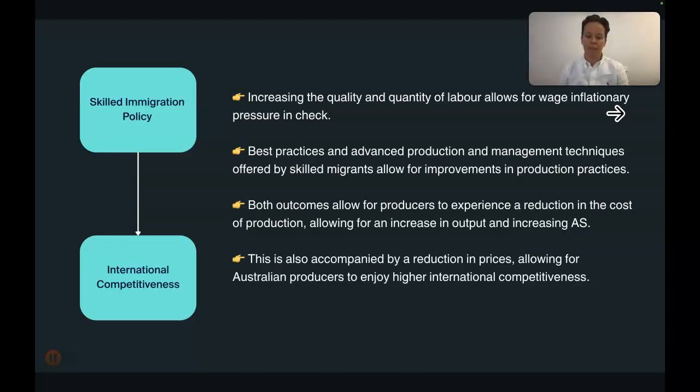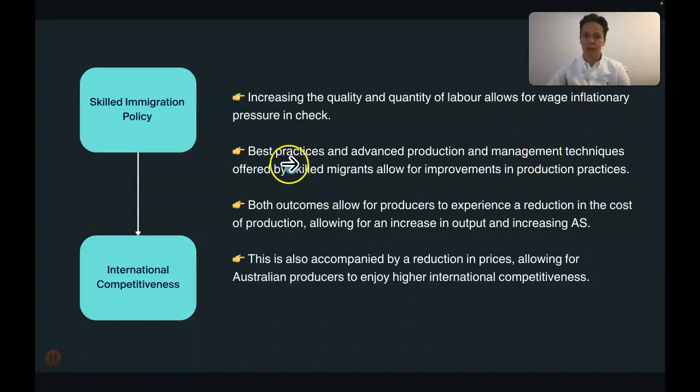So if suddenly an employer has the option to pick from more workers than just one, we're going to see a situation where wages aren't going to go out of control. Wages are a cost of production. So if wages are either declining or growing at a sustainable rate, which they should, we're obviously going to see that positively impacting the cost of production.